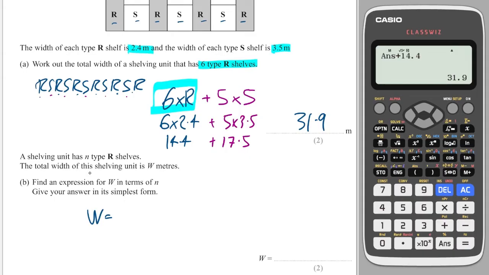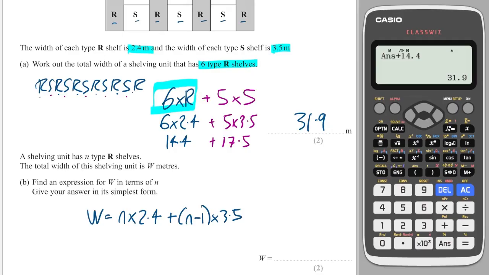So the number of R's is n, so it'll be n multiplied by how wide an R is, which was 2.4. And we've also got to add on the number of S's, and the number of S's is always going to be one less than the number of R's, as we showed with this little diagram here. And that's multiplied by 3.5, because that's how wide the S is.